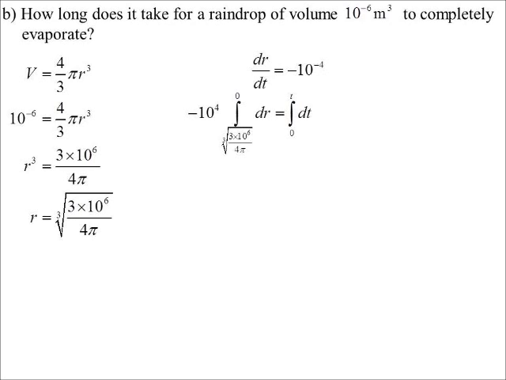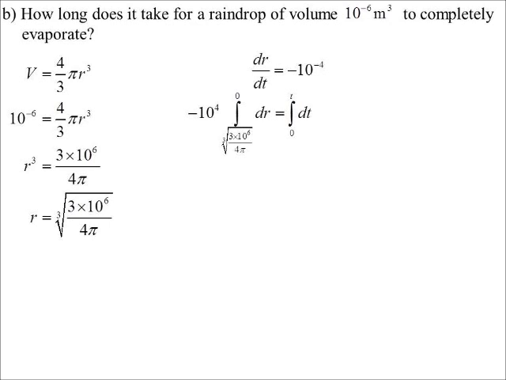So I know the integral of dr will equal the integral of dt. But I've got to match the limits up. I'm now saying that when the radius is the cube root of 3 times 10 to the 6 over 4 pi, I know that's initial, so t is 0. When the radius is 0, well, that's what I'm trying to find, so time is T.